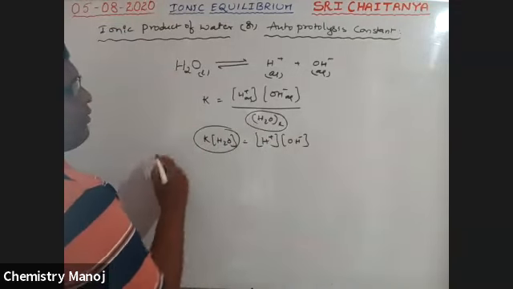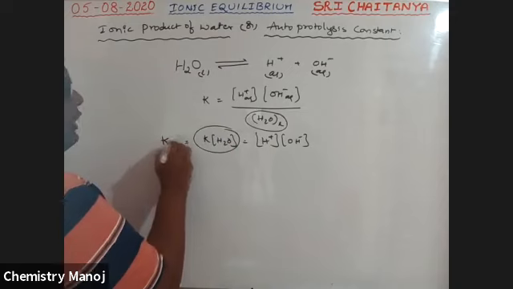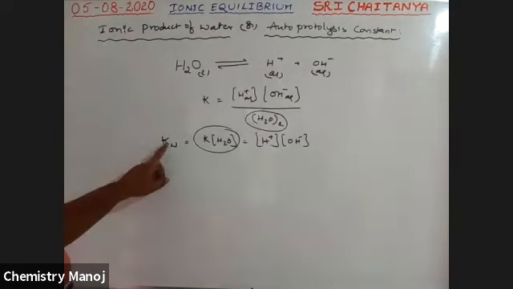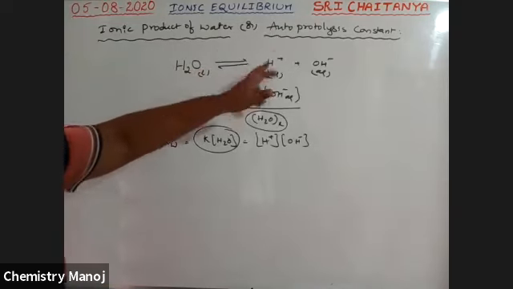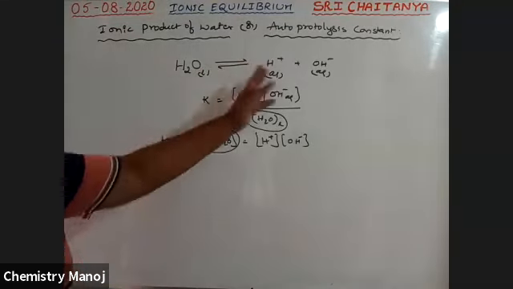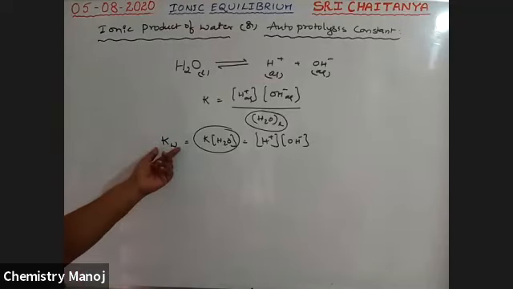This K into water concentration is equal to Kw, which is called the ionic product of water, also called autoprotolysis because water itself is protonated. So it is the autoprotolysis constant or ionic product of water.